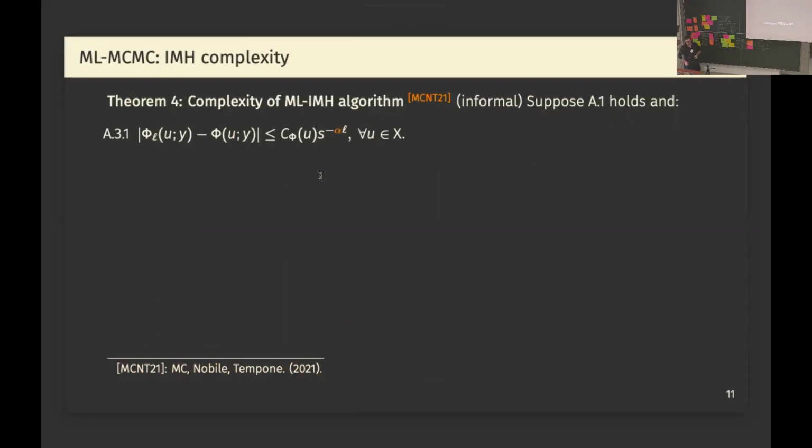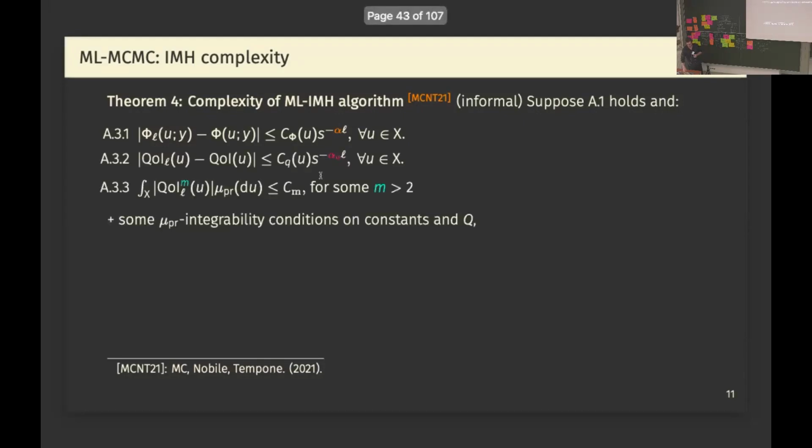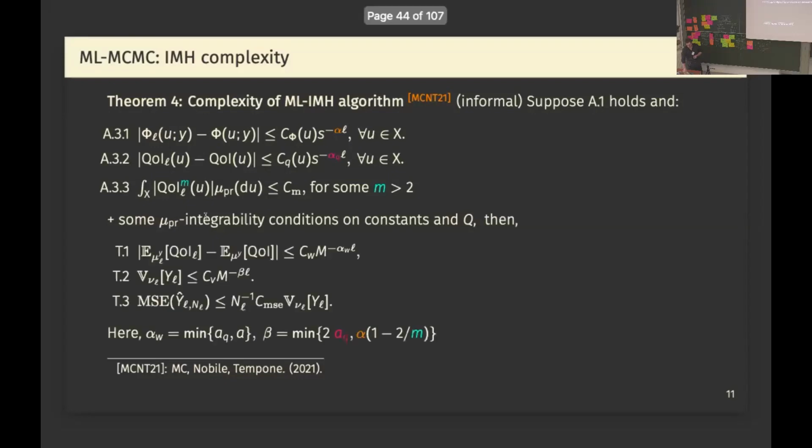One result regarding the complexity is that if one has this sort of convergence on the potentials and on the quantities of interest, and some integrability conditions on the quantity of interest and on the proposals, then one can show that these three conditions in Rob's theorem are satisfied for a general Q with a particular form for alpha and for beta.